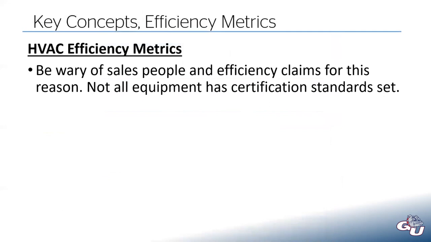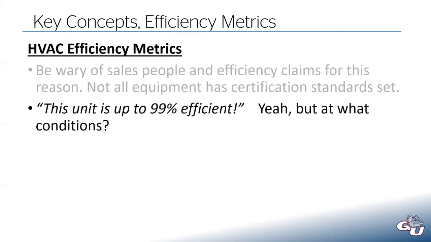You need to be a little wary of salespeople and efficiency claims for this reason. And I'll have a more concrete example here in a minute. Well, what if somebody was trying to sell you some equipment and they said this unit is up to 99% efficient? Well, okay, up to 99%, but when is it 99% efficient? Could it be 80% efficient at some different conditions?